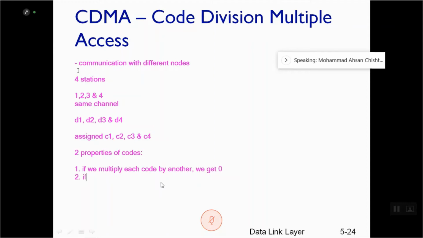And number 2, if we multiply each code by itself, we get 4. And what is 4 here? The number of stations, the total stations that we have. Now send the data.